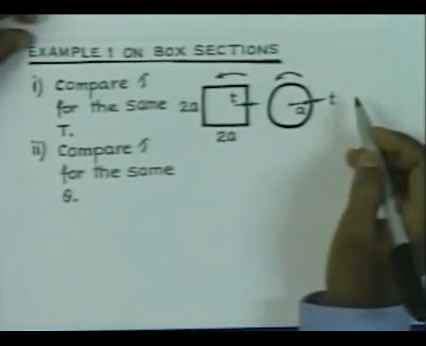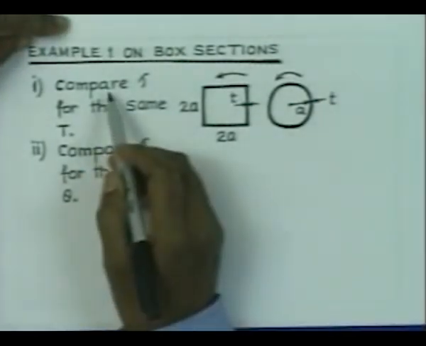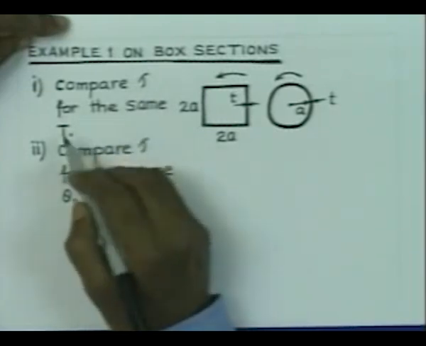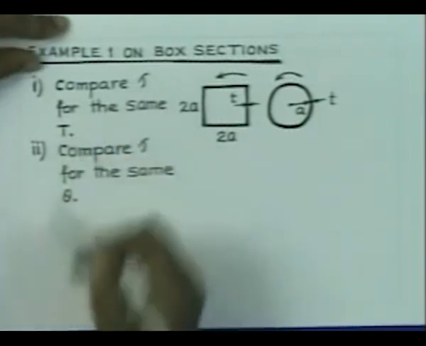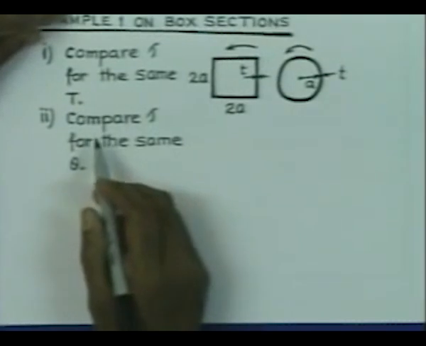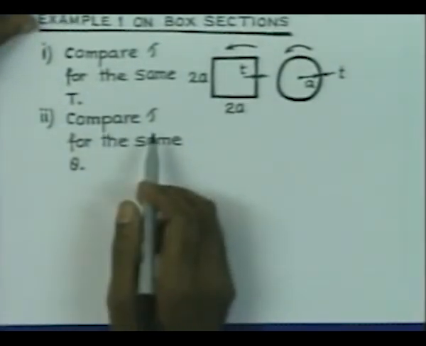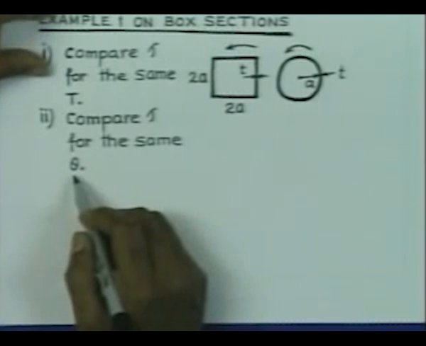What you are required to do is compare the maximum shear stress for the same T. In the second case, you are asked to compare the shear stress for the same angle of twist theta.